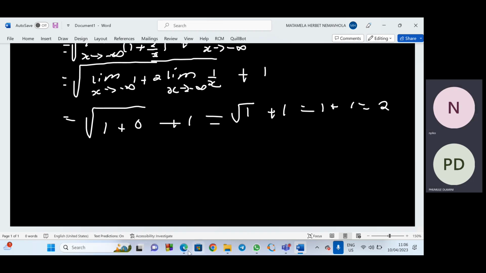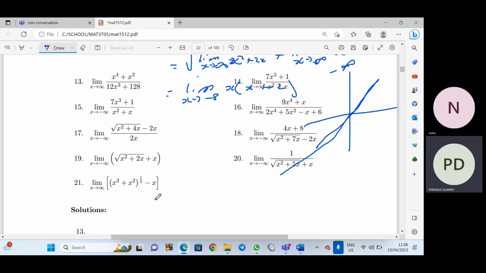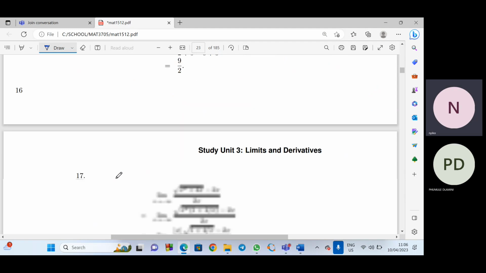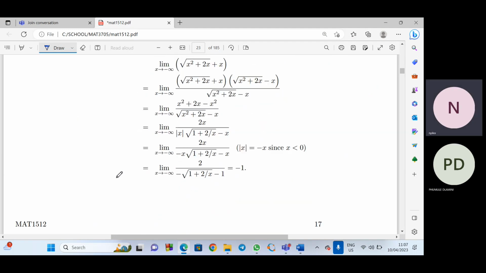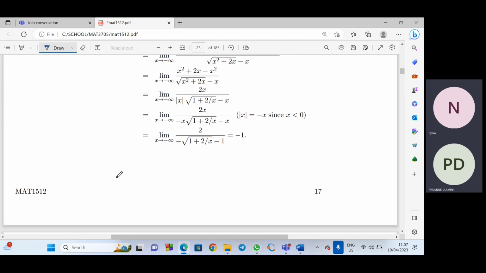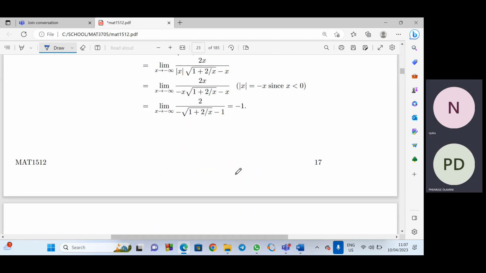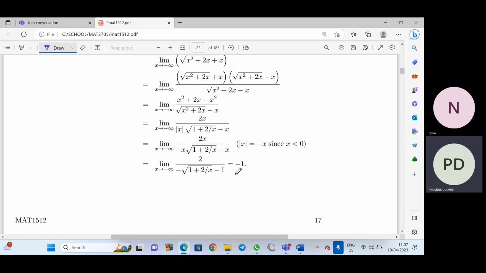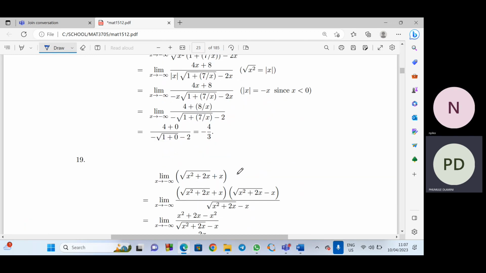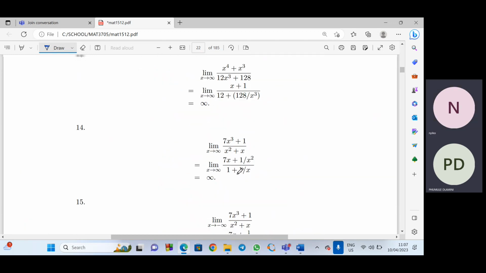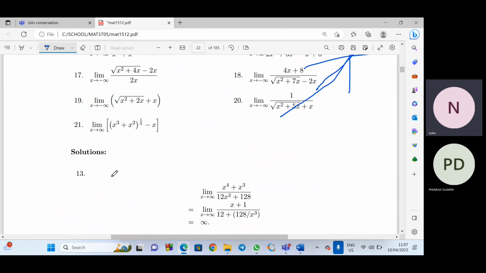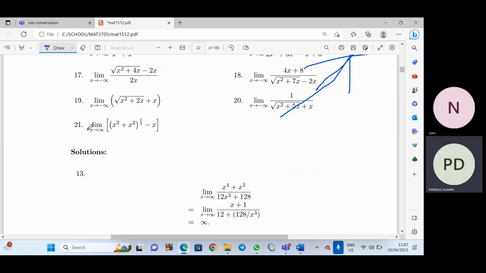So if we go to the memo, it's number 19. The answer, okay, let me check properly. I'm not sure if I'm the one who copied it wrong. Number 19 is negative infinity.